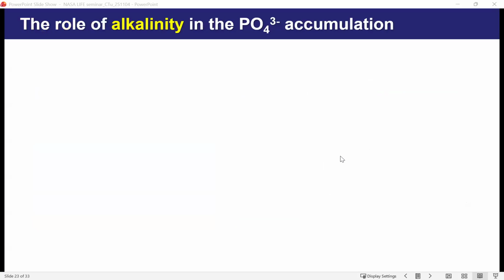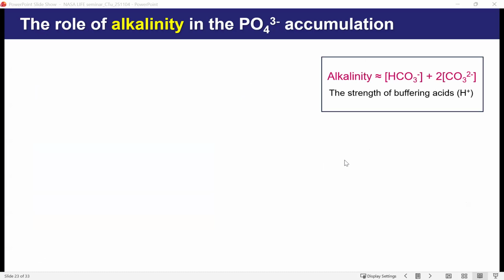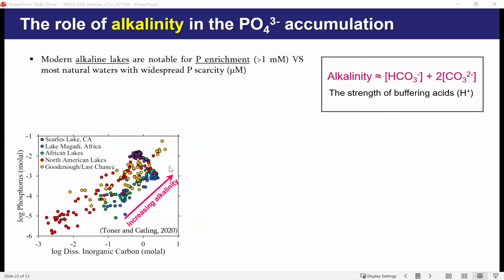Now we consider the role of alkalinity in phosphate accumulation. Alkalinity means the strength of buffering acids. Basically, this is the sum of bicarbonate and carbonate ions. Modern alkaline lakes are notable for phosphorus enrichments, in contrast to the widespread phosphorus scarcity typical of most natural waters.